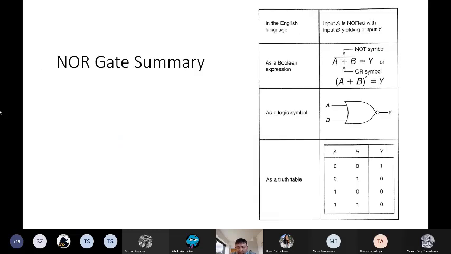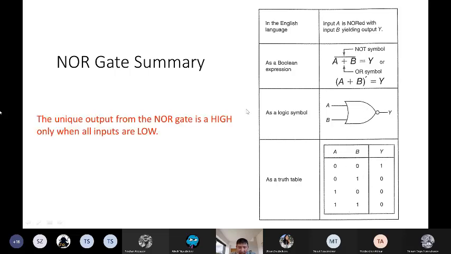So here's some summary. In English, you just say input A is NORed with input B yielding output Y. So there are two versions of the Boolean expression, the symbol and the truth table. And you should know the unique output from the NOR gate is high only when all inputs are low.